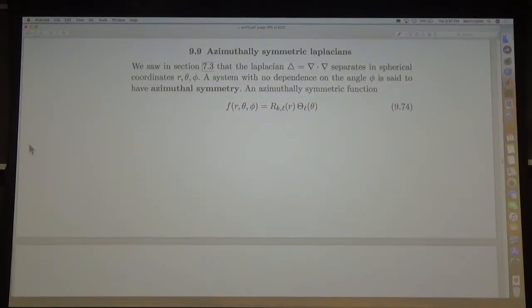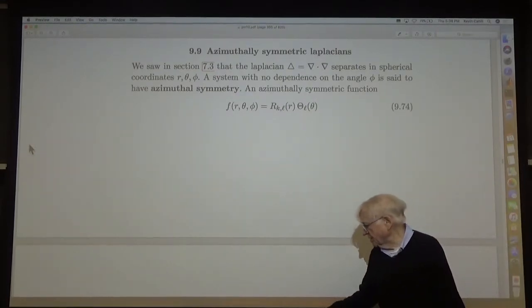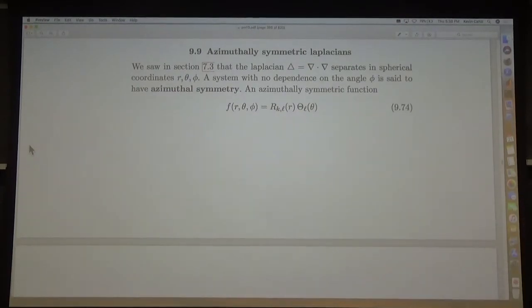Now, what I want to switch to now are the angular functions that are associated with Legendre polynomials. In particular, the Laplacian separates in spherical coordinates.